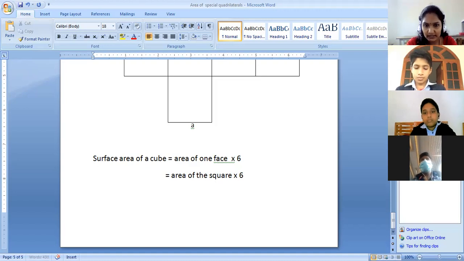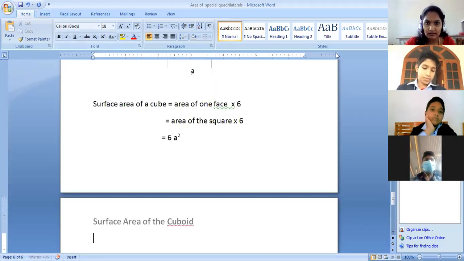So you will get the area of the square whose side is A, A square, right? So you will get 6A square. Get it? You got it, right?